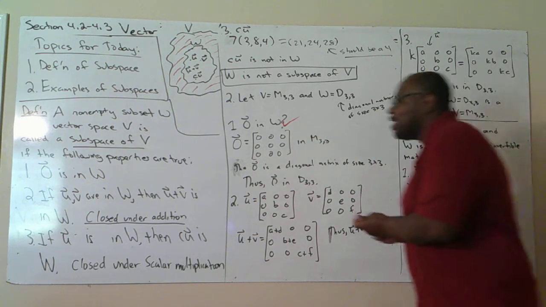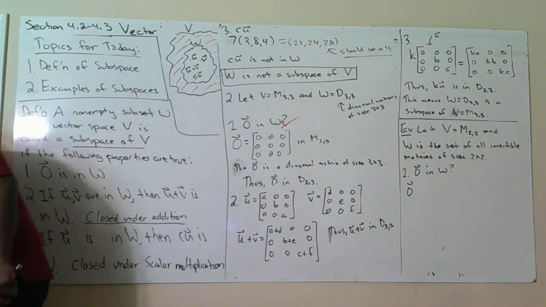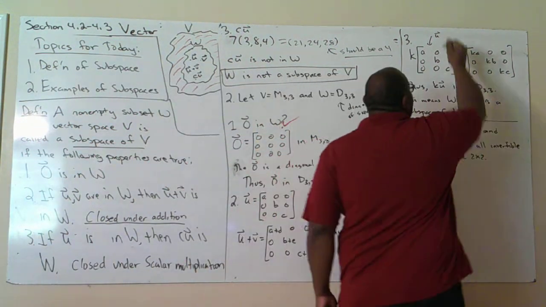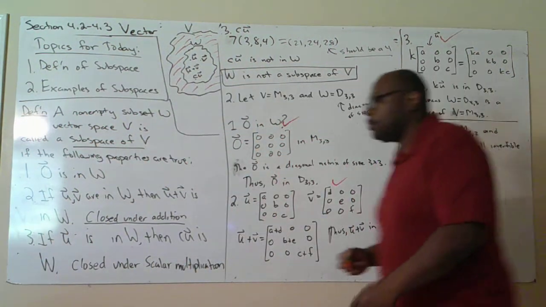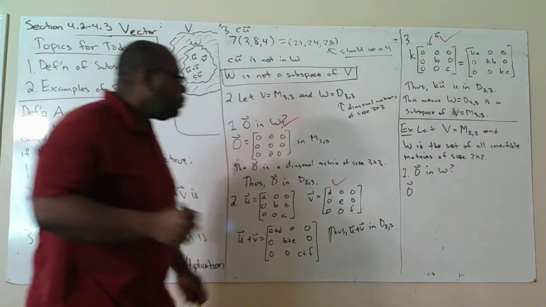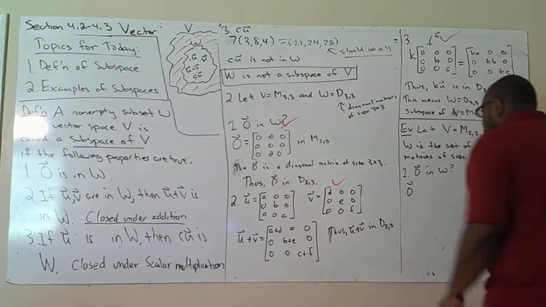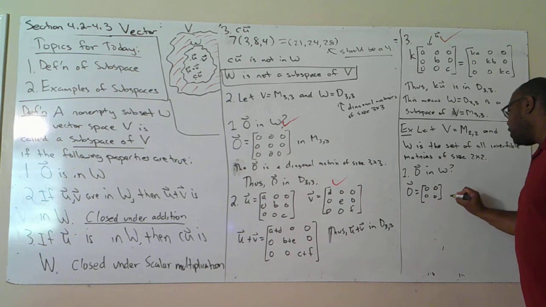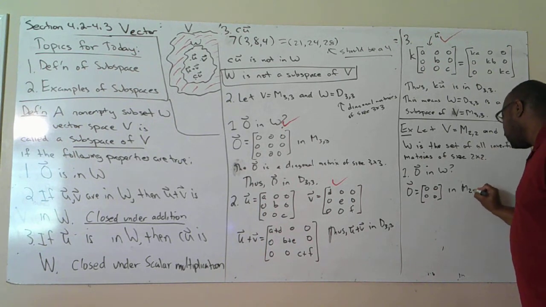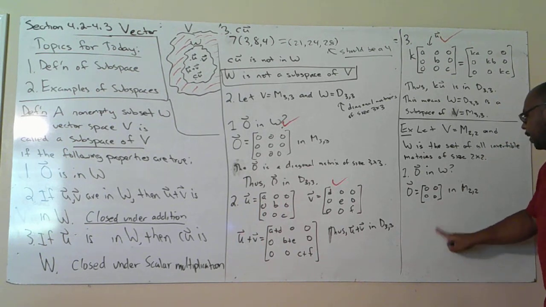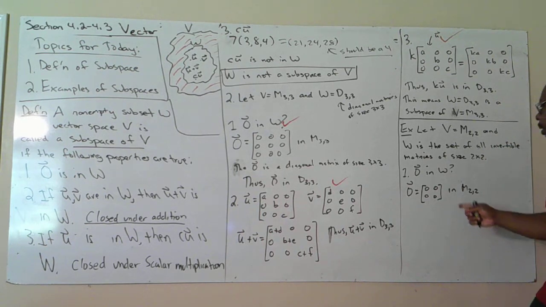Oh, I forgot to check all my other guys. Check. Going back, you get a check. You get a check. All right, now everything's complete. What's the zero vector in M22? Well, it's going to be zeros in a 2 by 2 matrix. What's the problem that you face here with this one?